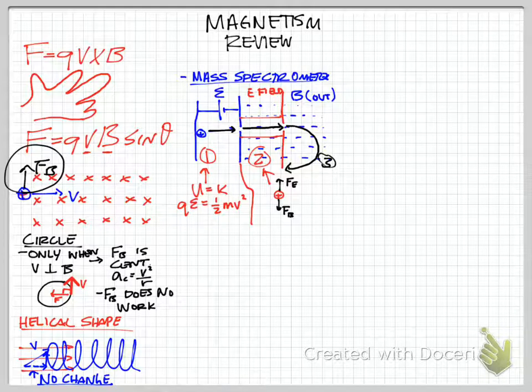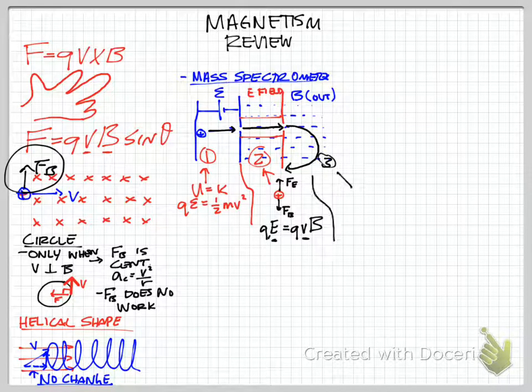And we say that the electric force, qE, the charge times the electric field, is equal to the magnetic force, qvB, and then we can find that velocity, or we can find the magnitude of the electric field.